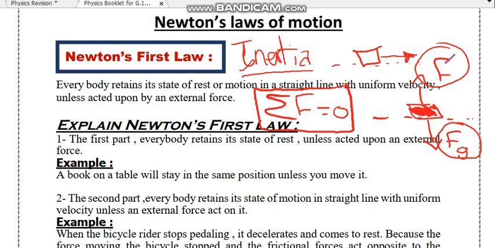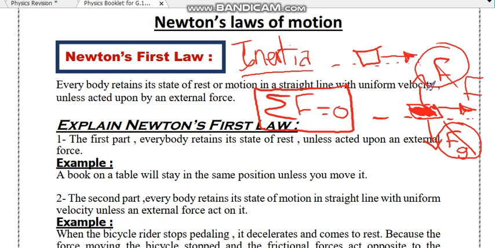To break this equilibrium and make the body move in any direction, we must apply an external force. If we take this book away, we act with an external force, so the total force will not equal 0, and the body will move.